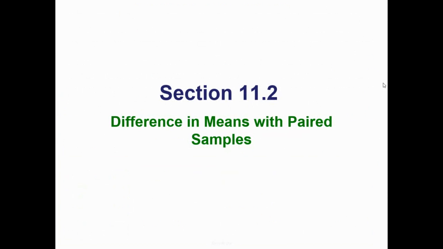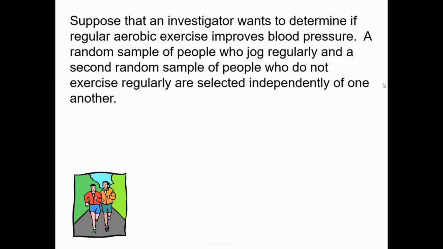Okay, section 11.2. We gotta get rolling. This is where we should have started today. So we're going to set the stage with an example. We're going to look at difference in means with paired samples this time. This isn't in your notes. Just go along with the example.